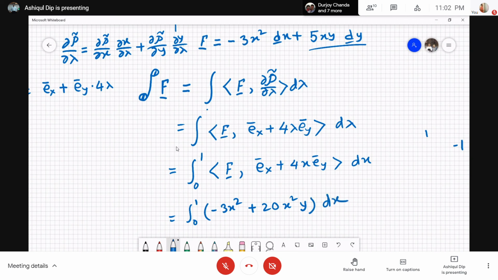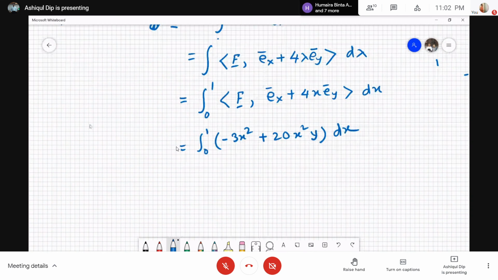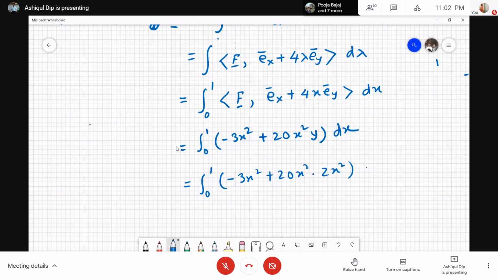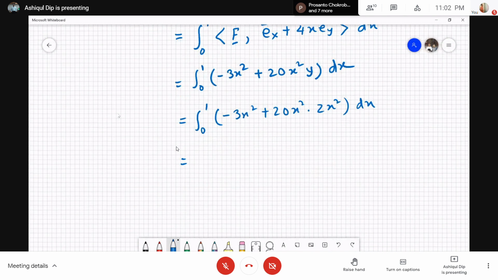You can also change your y to be twice x squared. So negative 3x squared plus 20 x squared times twice x squared dx. Now integrate, it will give you minus 3 x cubed by 3 plus 40 times 5, right?